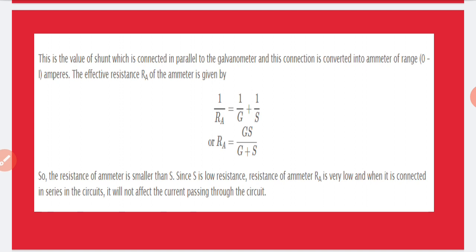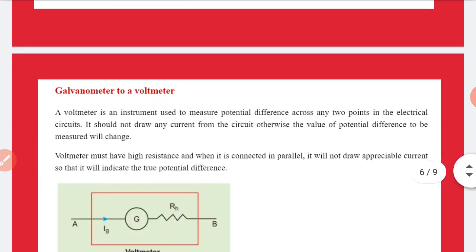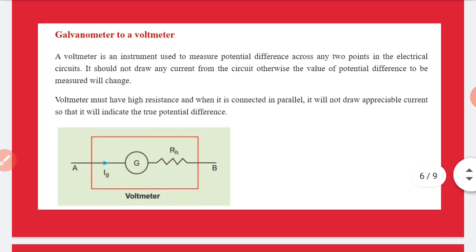So the resistance of the ammeter is smaller than S. Since S is low resistance, the resistance of ammeter RA is very low, and when it is connected in series in the circuit, it will not affect the current passing through the circuit. Okay.